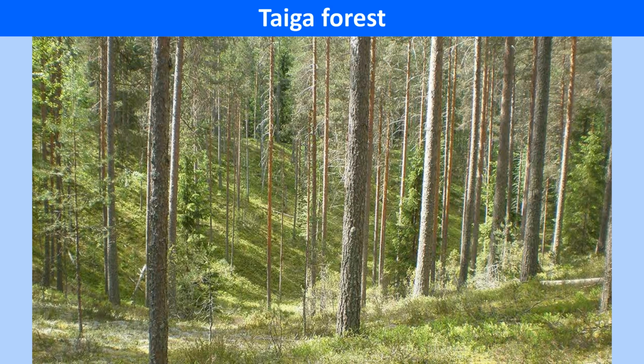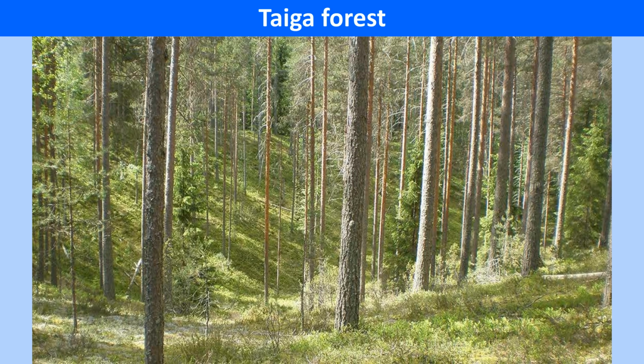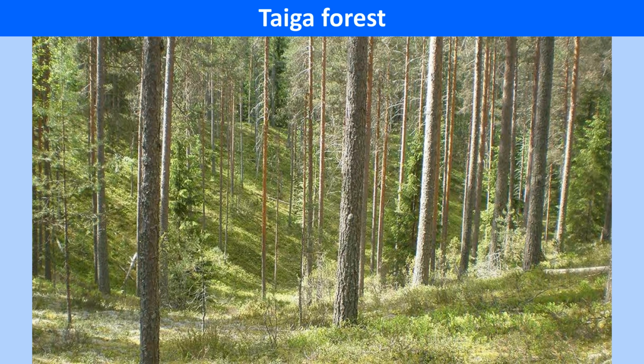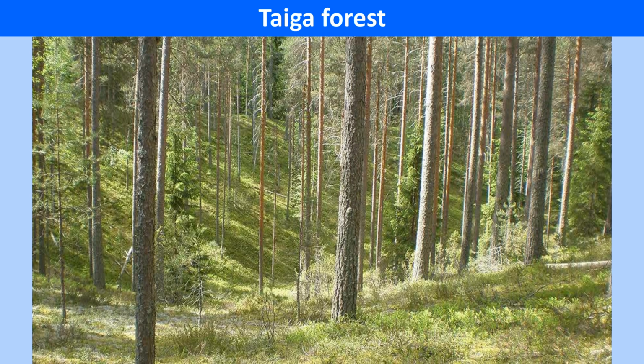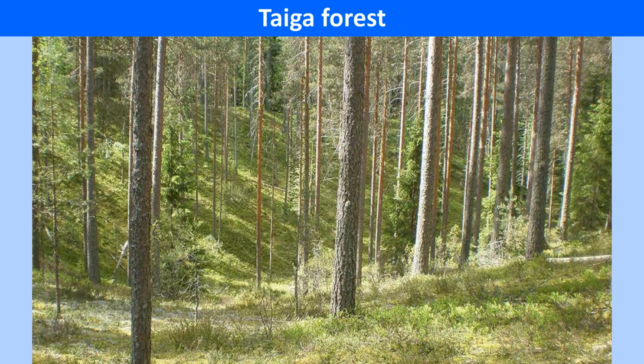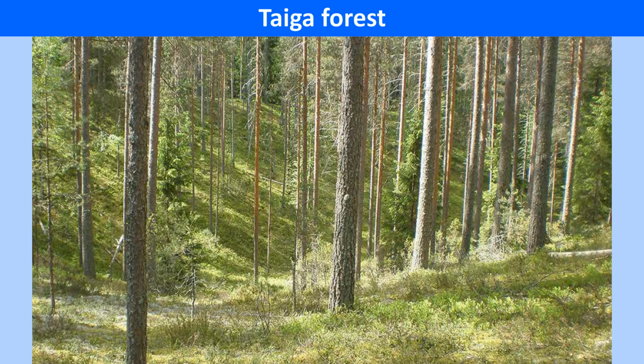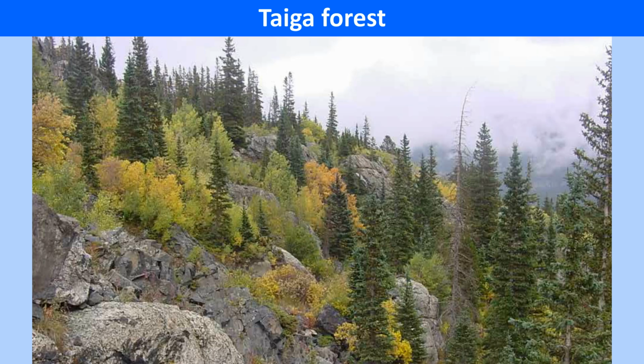Taiga forests. These forests are found between 50° and 70° latitudes in Eurasia and also in North America, where they are referred to as boreal forests. They are also found on mountains in the lower latitudes. These are evergreen coniferous forests with cone-shaped trees that have straight trunks and small narrow needle-like leaves.